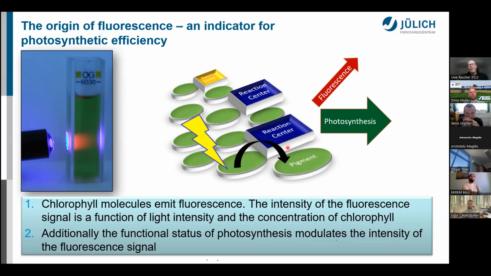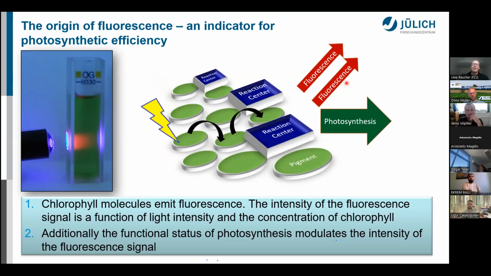However, the photons or energy which cannot be used in photosynthesis are re-emitted as a fluorescent signal. And if the plant is in a situation where there's more light than can be used in photosynthesis, the fluorescent signal changes and, in the first instance, increases.